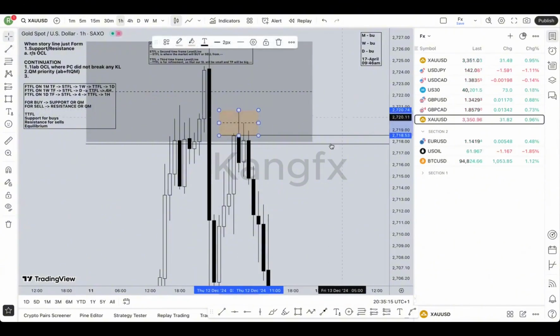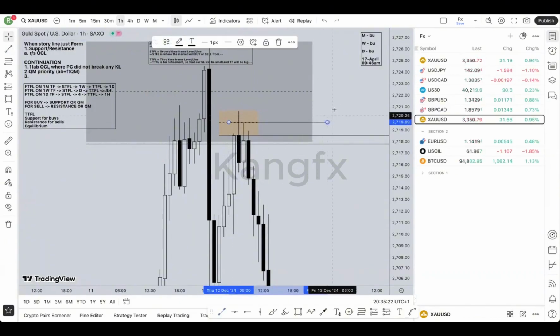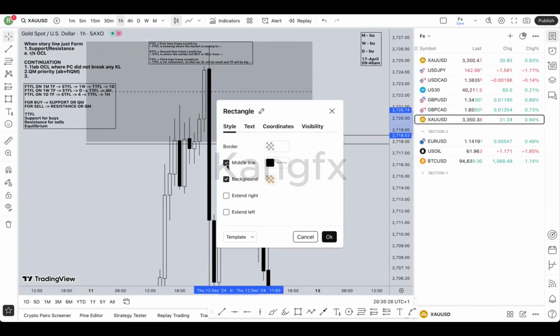This is equilibrium. Take the equilibrium of that box, which is going to be this line. You see the box? Now, if your box doesn't have a line, you go to that box, go to settings, go to style, then add a middle line to it so that it will always give you that.